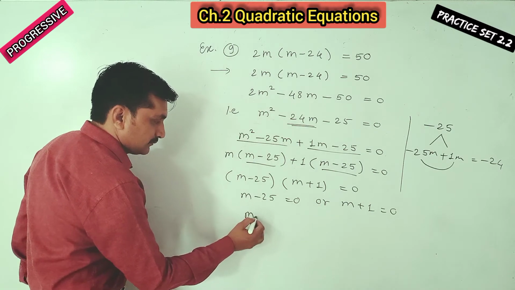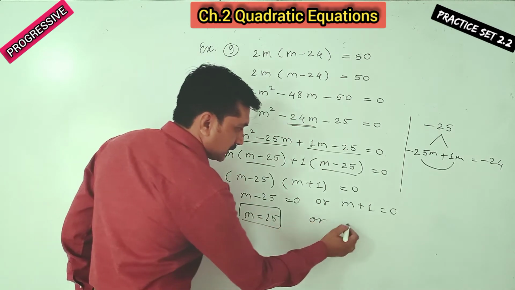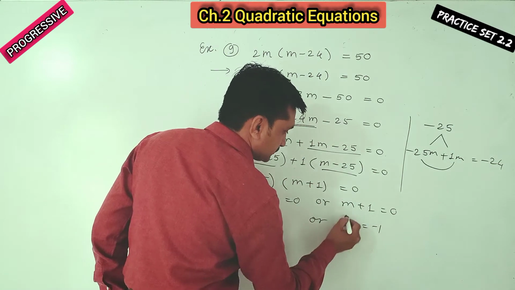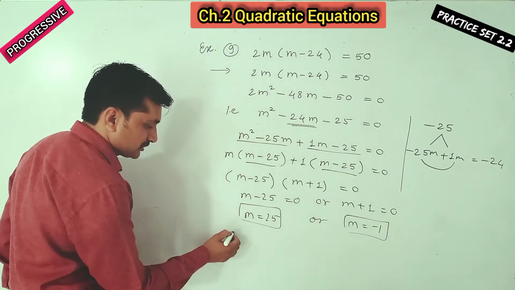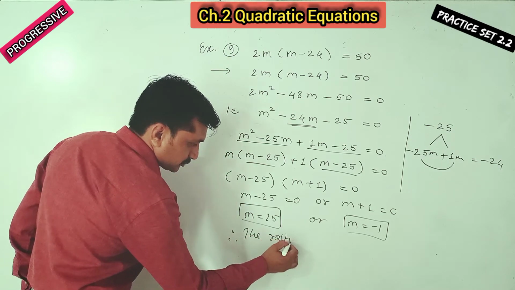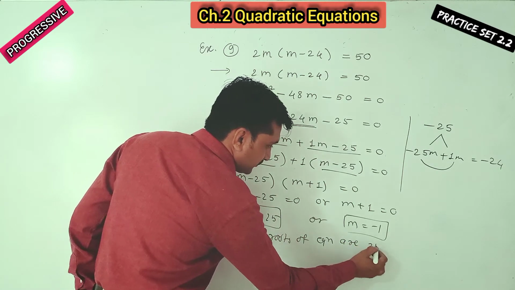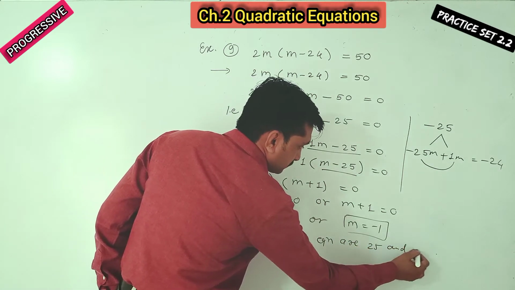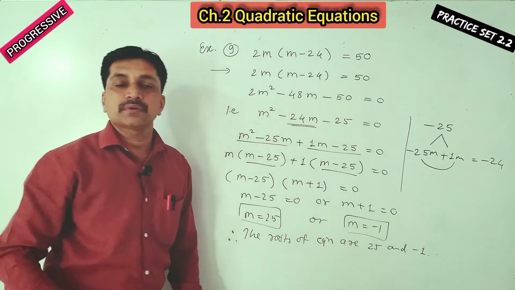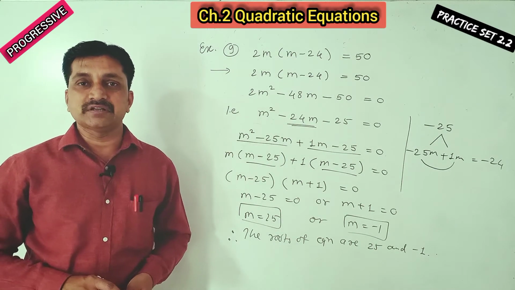Last, m is equal to 25 or m is equal to minus 1. Therefore, what are roots now? Therefore, the roots of equation are 25 and minus 1. In this way, by factorization, we can solve this example.